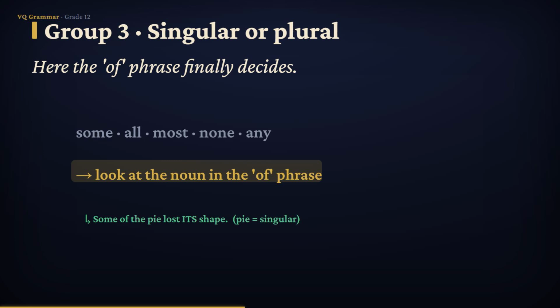Some of the pie lost its shape. Pie is singular, just one pie, so the pronoun is its. But some of the fans waved their banners. Fans is plural, so the pronoun is their. Same word, some, but the pronoun follows the noun in the of phrase.